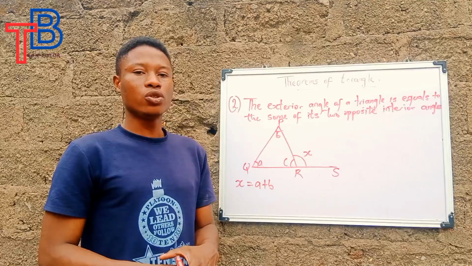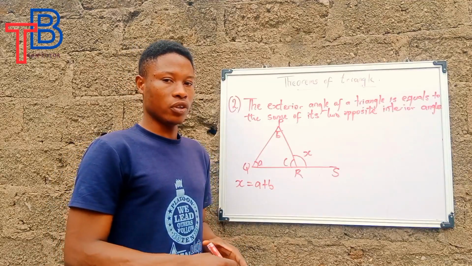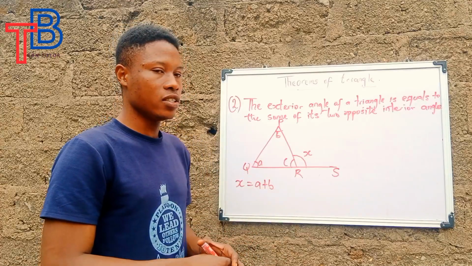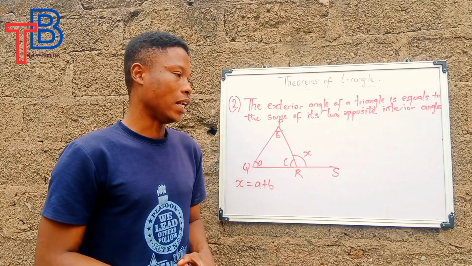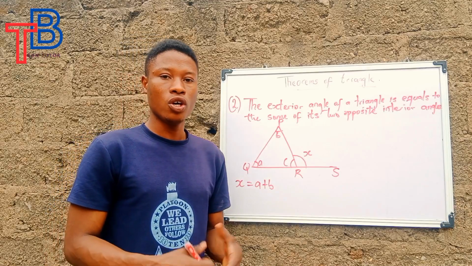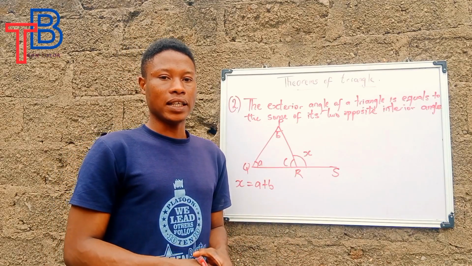And I would like to use one of the examples I brought for us earlier to illustrate this, because we've gotten the answer, and I would like us to use this theorem also to see if we can get one of them.